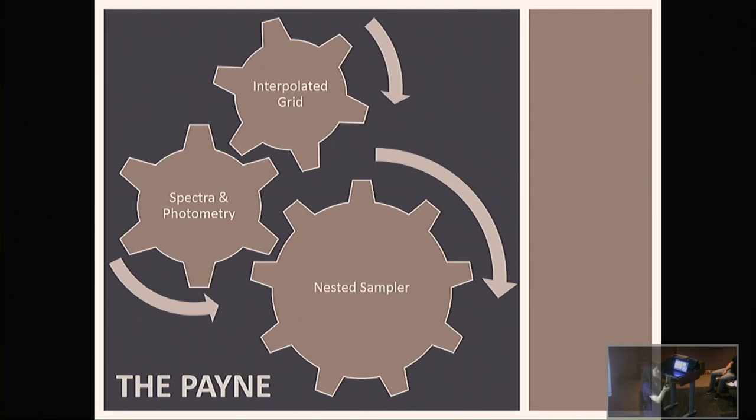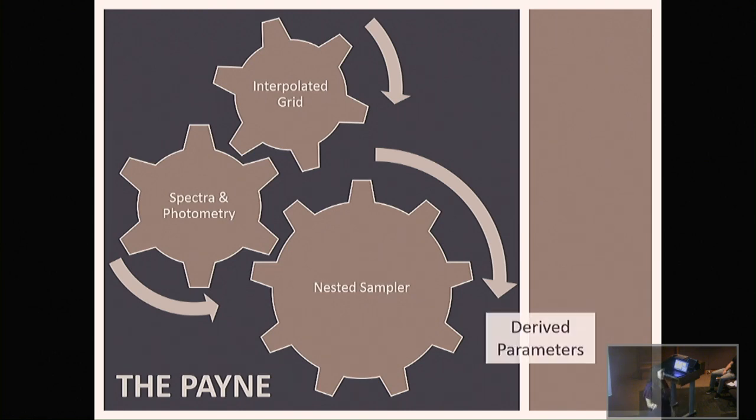And then it compares that, it fits it to the actual spectrum we're feeding in from our spectra, and it takes that fit and it throws it into a sampler, and it does this over and over and over for a bunch of different spectra from the interpolated grid. And that sampler gives us the best fit parameters for our actual data that we're getting.